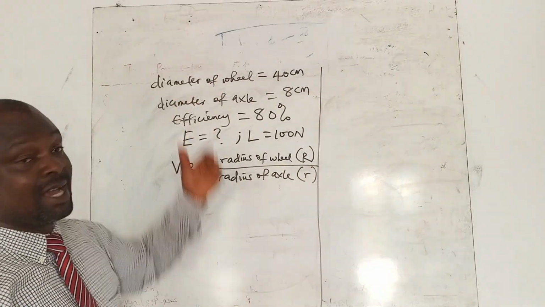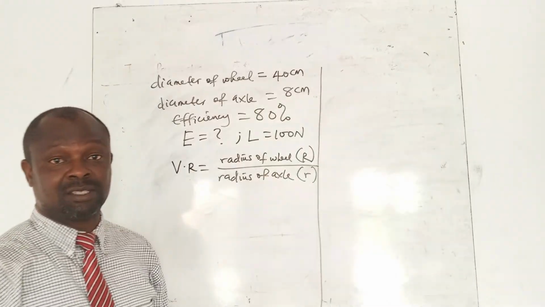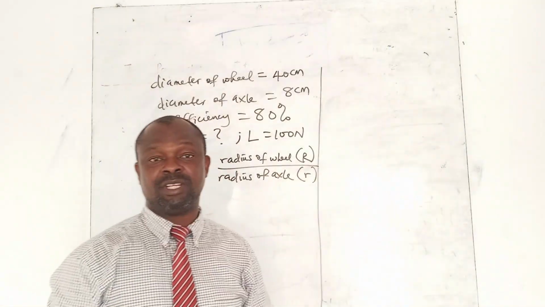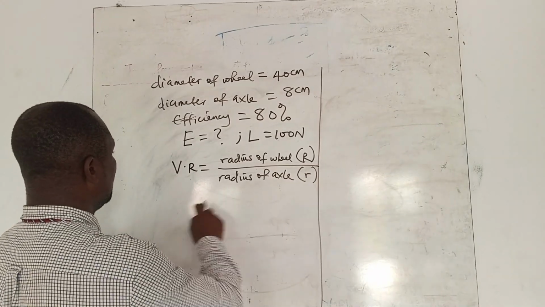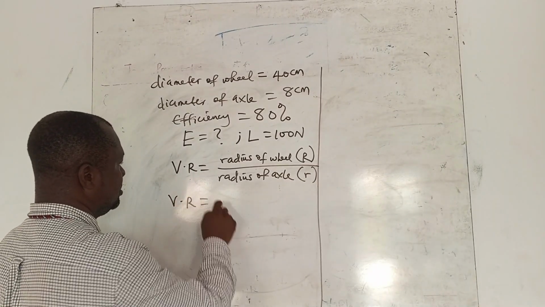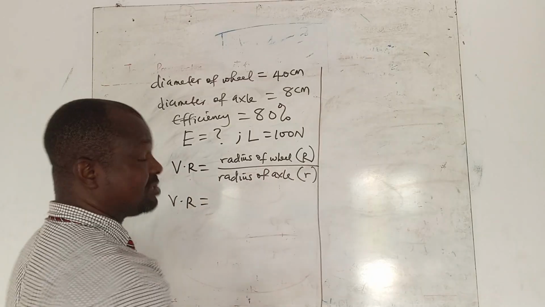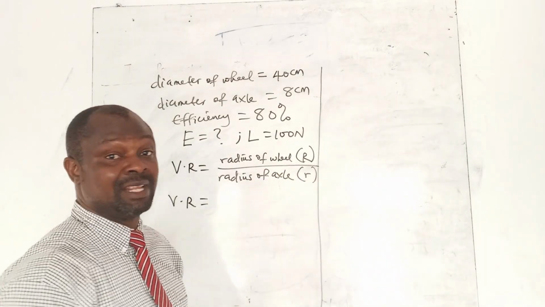We have been given the diameters. Diameter is 2 times radius, so radius is diameter divided by 2.